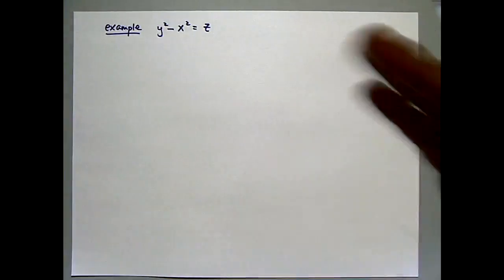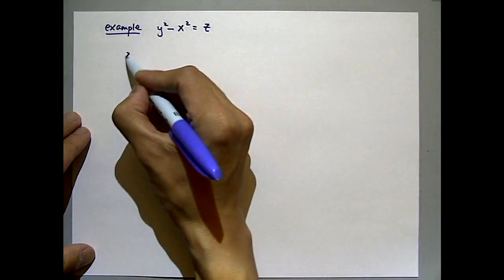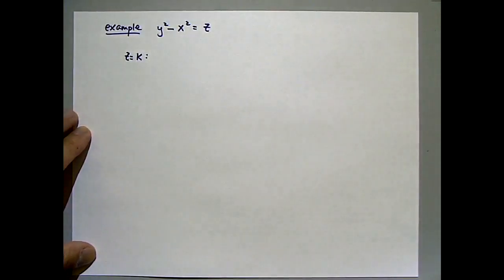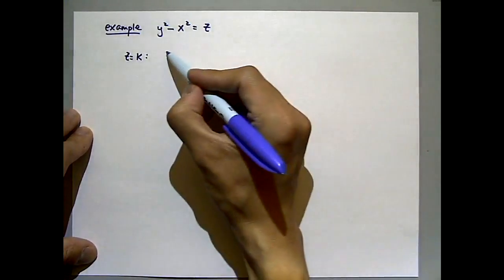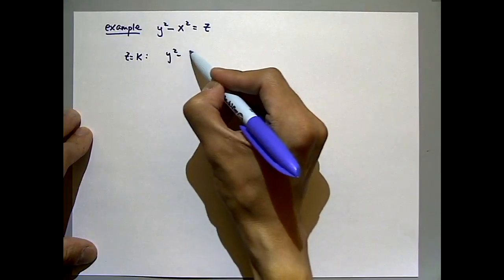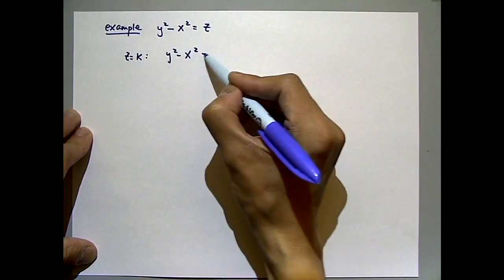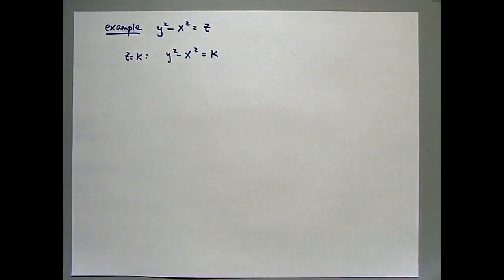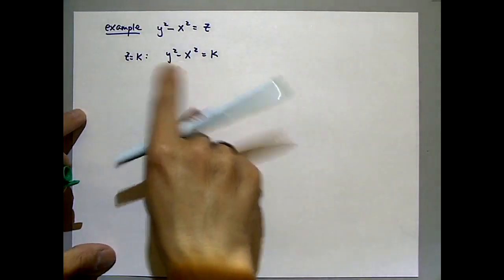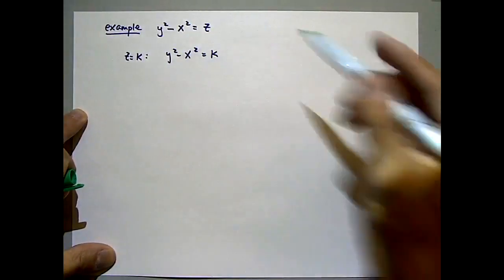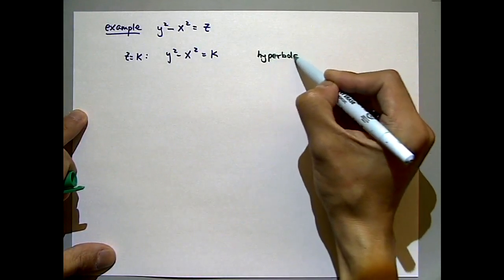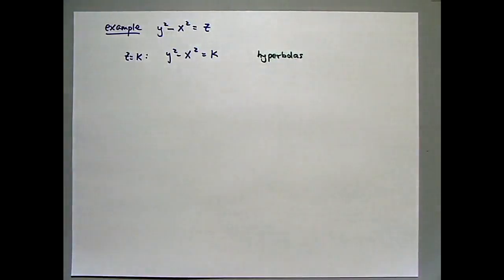Go through the same process again with different traces. Z is equal to k, for example, we get y squared minus x squared is equal to k. We've seen this a gazillion times today. This is a hyperbola. A bunch of them.